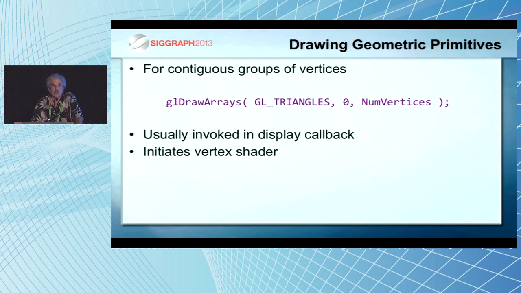If the data were organized as a triangle strip, you would have triangle strip 0 up to how many vertices define the triangle strip. So eventually, once you've gotten through this plumbing, which is the same in every program you're going to write, it becomes very, very simple to do. Now, what happens next? Well, when you run that GL draw arrays function, it's going to initiate a vertex shader instantiation for each vertex.